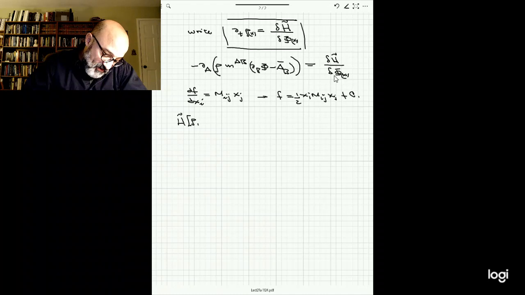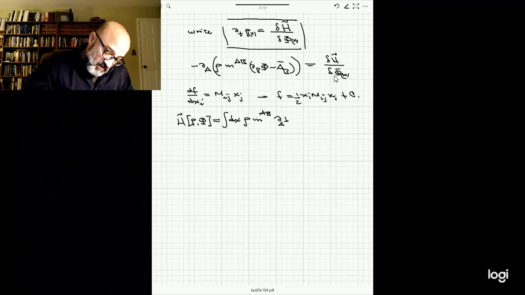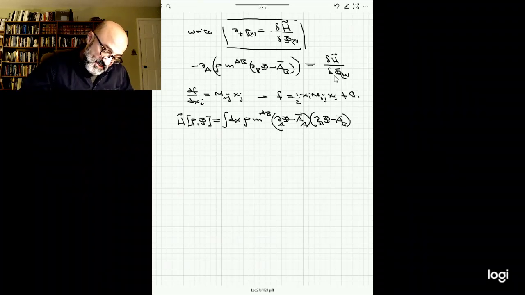Being a trivial linear equation, we can solve that, and the corresponding H̃ is going to be something that is a function of rho and of phi, and it's going to involve an integral, and it's going to involve rho, and then we have here the inverse mass tensor, (∂_a phi minus A_a)(∂_b phi minus A_b), plus an integration constant.